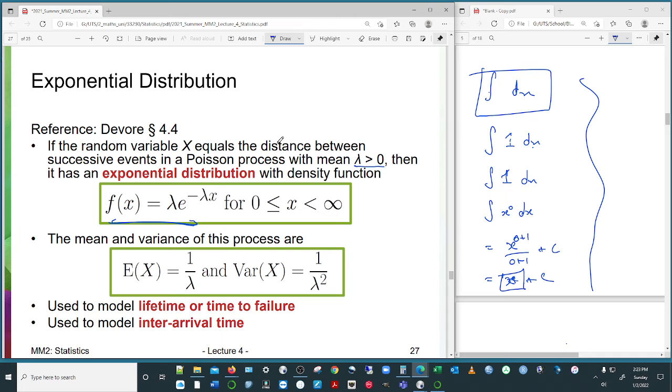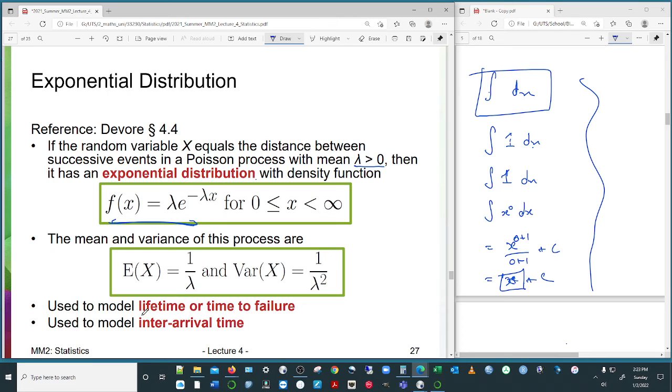Okay. Then we have an exponential distribution. So in the Poisson distribution, we counted the number of events. In the exponential distribution, which is a continuous distribution, we can work out the time between events, or the interval.